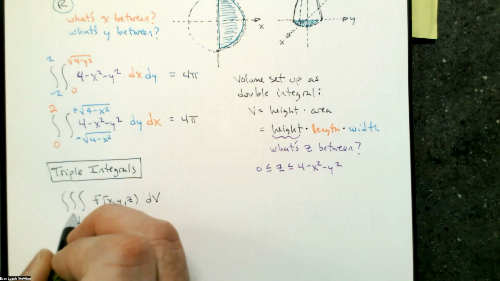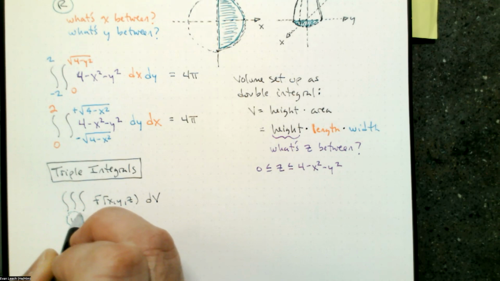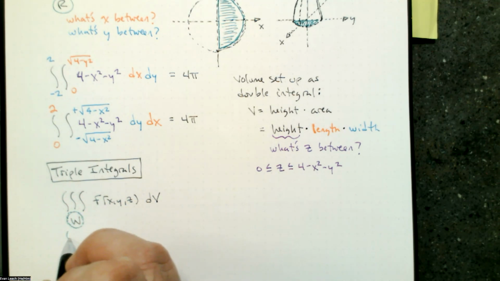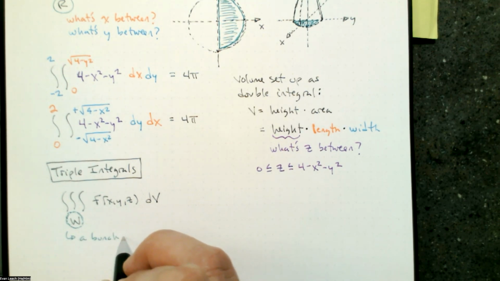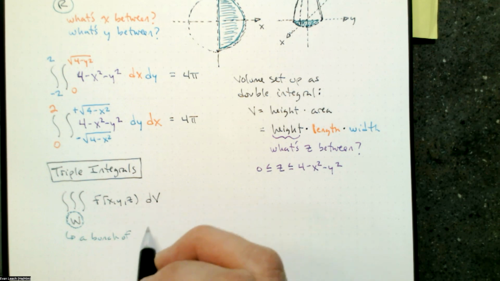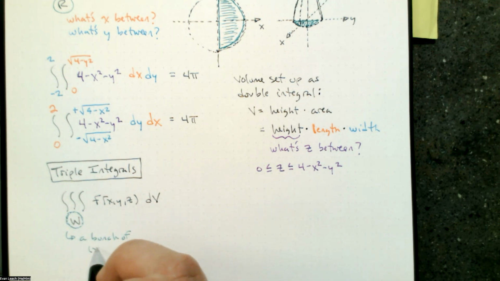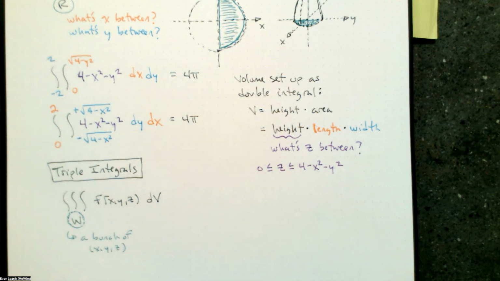So W is a solid. It's a bunch of x, y, and z. The rectangular box or piece. V is for dV, for d volume.